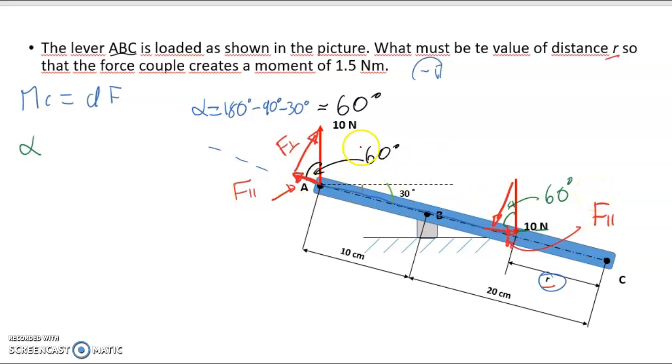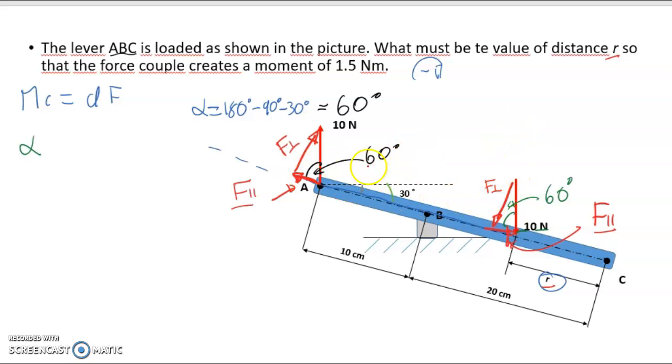If these two forces were 10 newtons each, and they have the same inclination angle, that means F perpendicular in here and F perpendicular in here are going to be the same. And that's going to happen with F parallel and F parallel. This F parallel goes to the left, this F parallel goes to the right. That means they are going to cancel each other. So we can represent the system as these two forces.